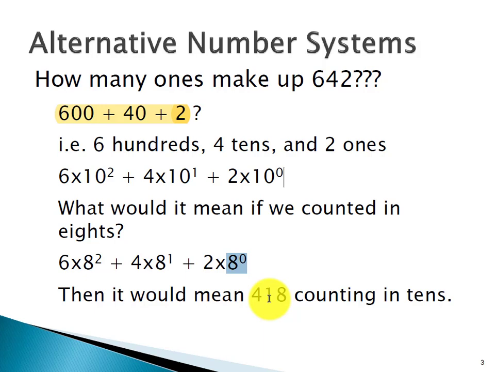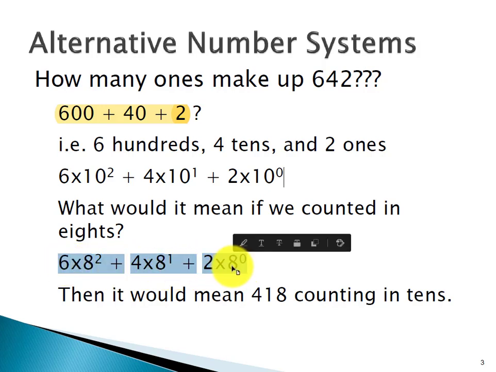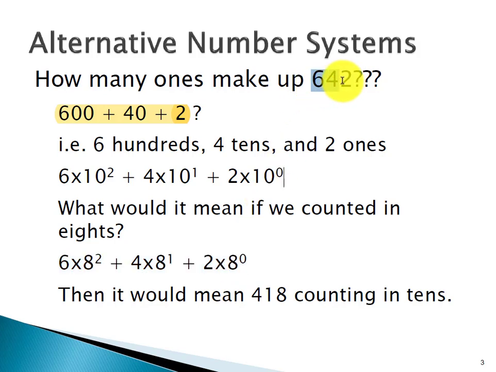Okay, so that means that this number here can be represented as a number in base 10 if it is in base 8 in this way. So if this was a base 8 number, 642, that means that there are only 8 different symbols that can make up this number.